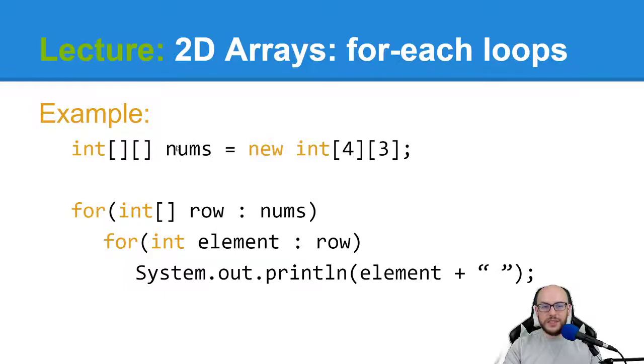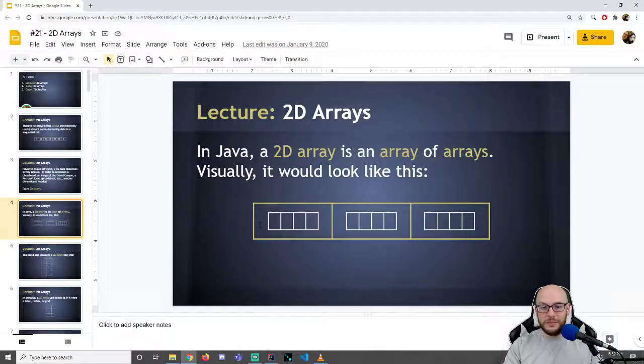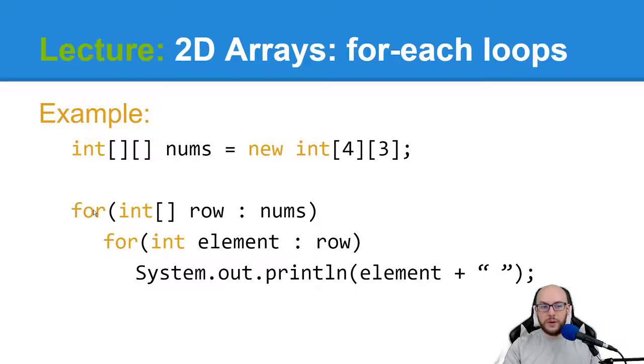So nums is the outer array. It has a length of 4. We're going to loop through it. Each element of nums is an integer array. Right? If this outer array is nums, each element is an integer array. So we're saying for each integer array, which we'll refer to as row, in nums.